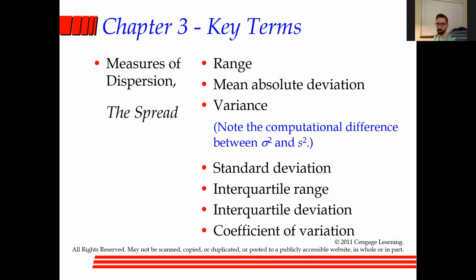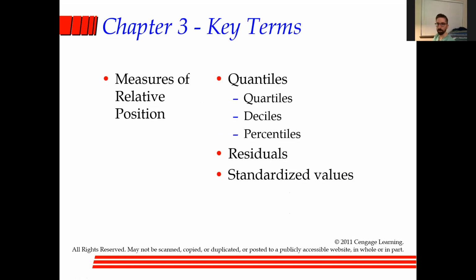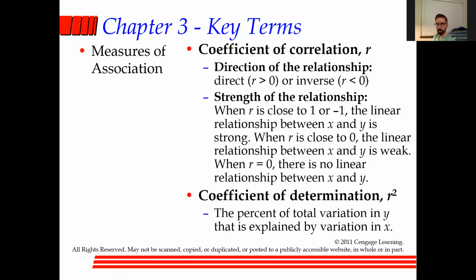And then the third part of this chapter deals with measures of relative position in the data set. We'll talk about quartiles, deciles, percentiles, things like that. And then these here, we'll talk about again towards the end of the course.